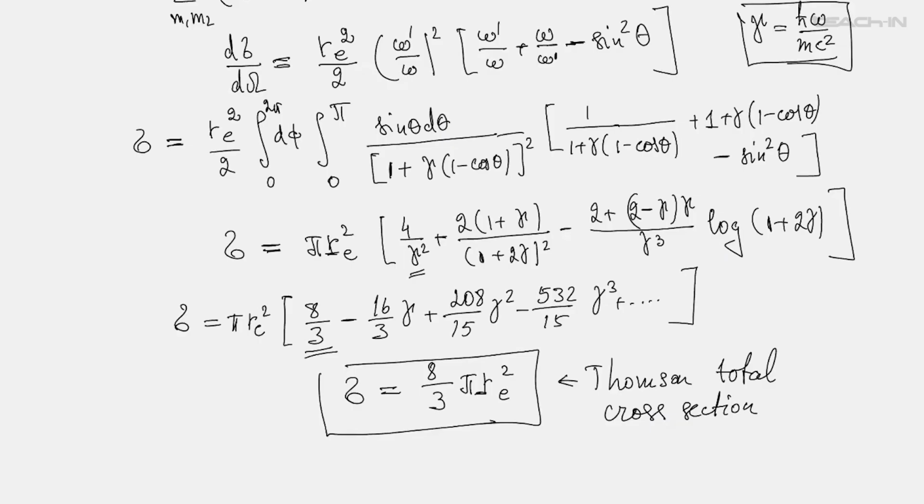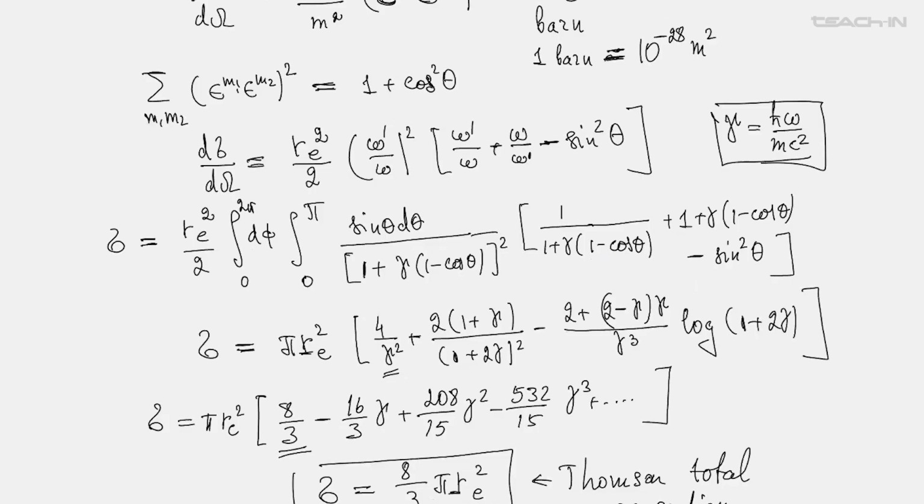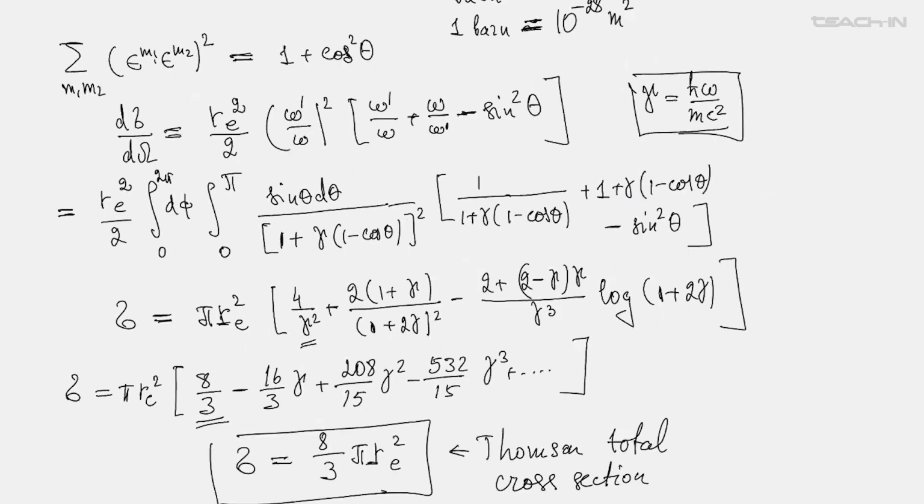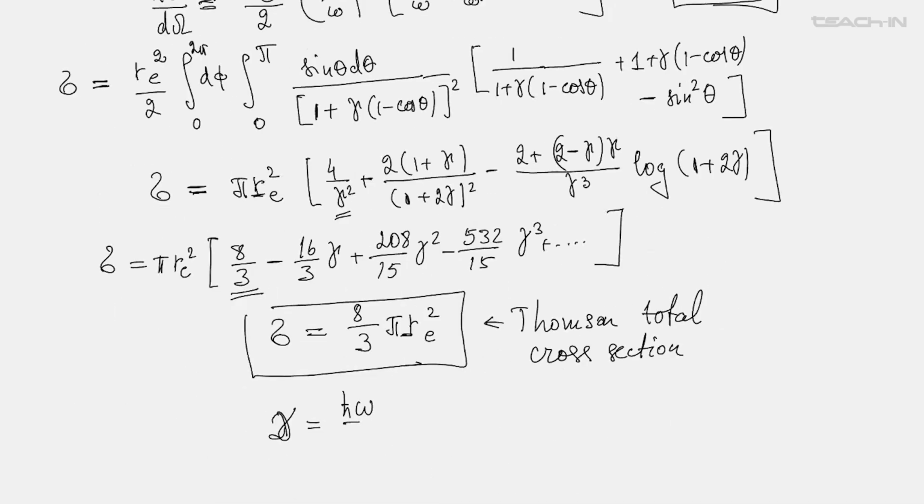Right. And of course, you can also write gamma, if you wish, in terms of Compton wavelengths. So if you think about gamma in this way, it's h bar omega divided by mc squared, but this I can split and write in the following way: omega over c divided by mc over h bar, right? And this then is the wavelength of the incoming photon divided by lambda Compton.